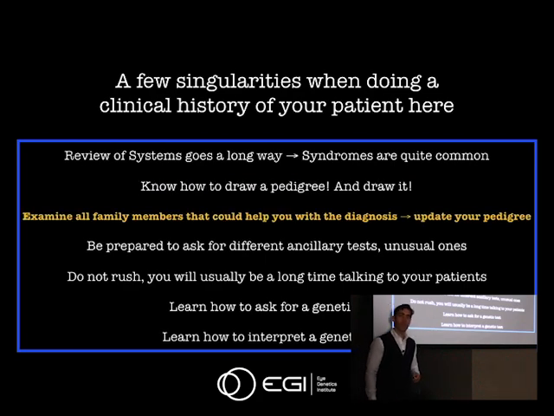Another singularity that we see in patients with genetic eye diseases is that we need to examine the whole family. We need to ask the patient to bring his relatives, his parents, and if he or she has brothers and sisters, to bring them to the next consultation.